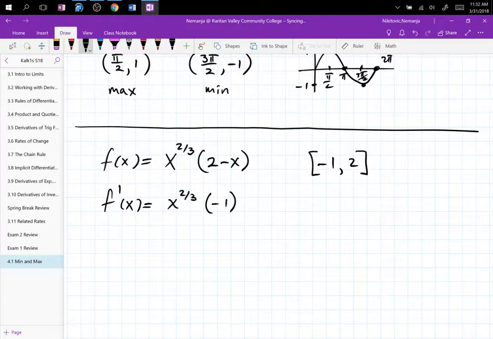Derivative of 2 is 0. Derivative of negative x is -1. Plus, copy the second, 2 minus x, times the derivative of the first, that will be 2/3 x to the -1/3. Yeah, let's fix this. Let's make it prettier.